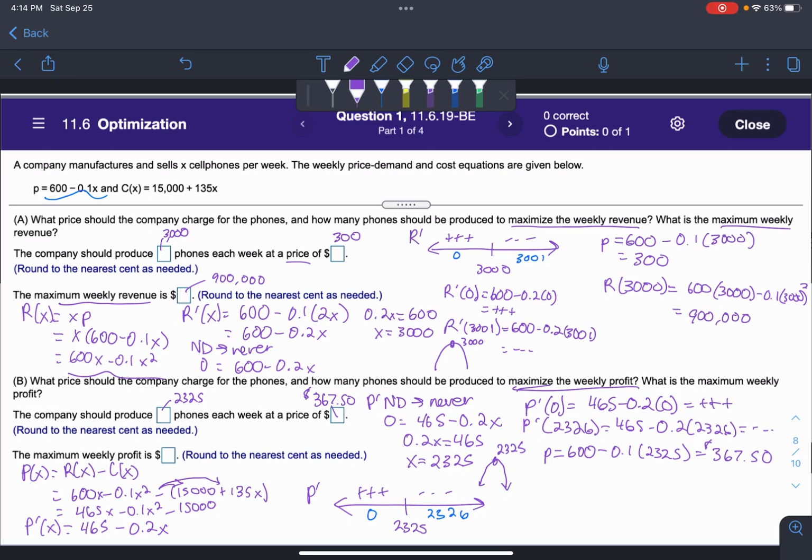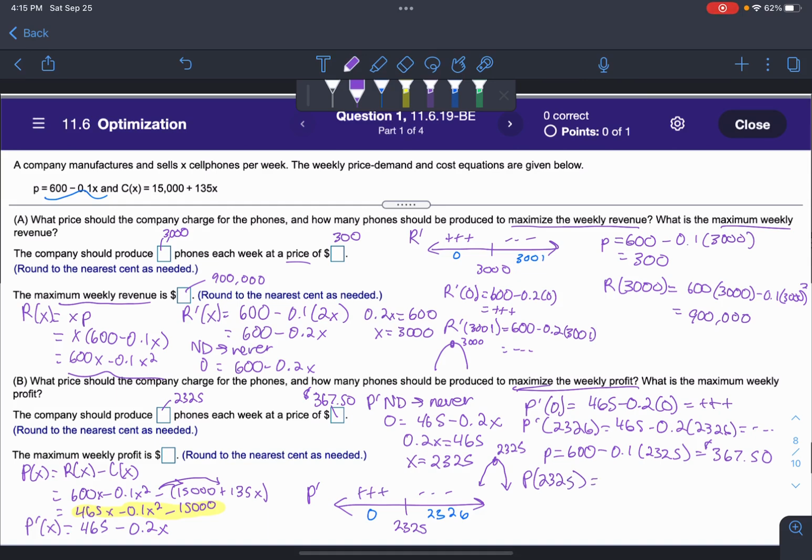And the last thing we want is the weekly profit. So now we want capital P, our profit, of 2326, and that's given here. Sorry, that's the derivative. That's given here. So let's plug in 2325, not 26, for x.